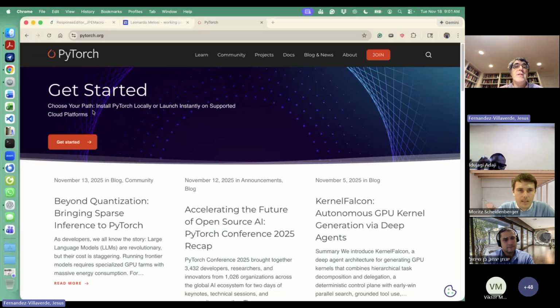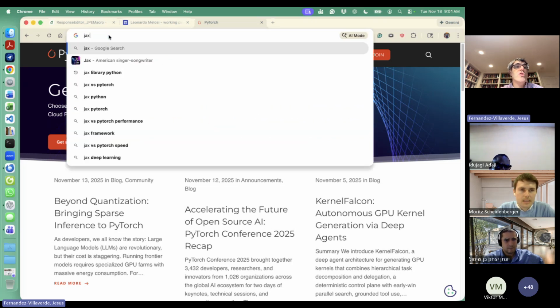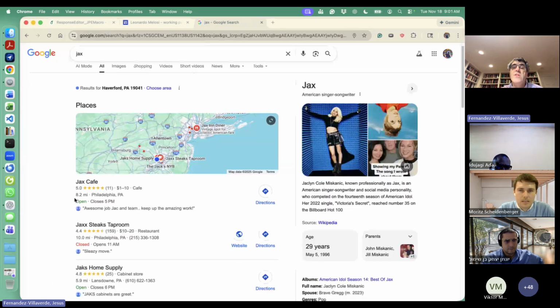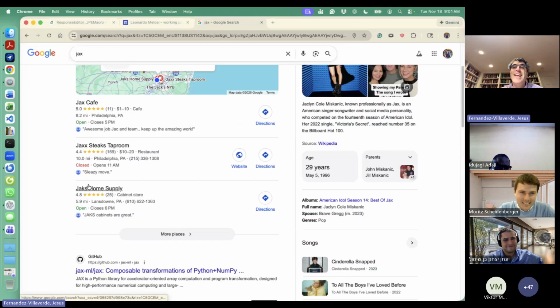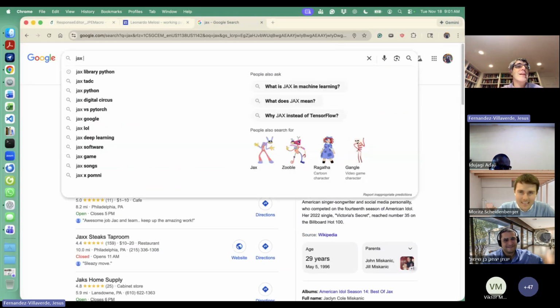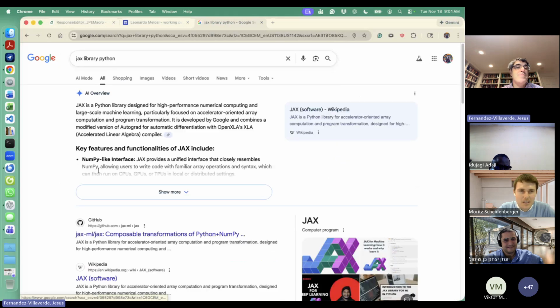PyTorch is really state-of-the-art, a fantastic library. Now, in my example, I use JAX, the JAX library for Python.